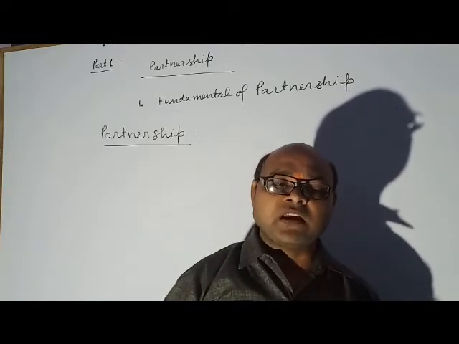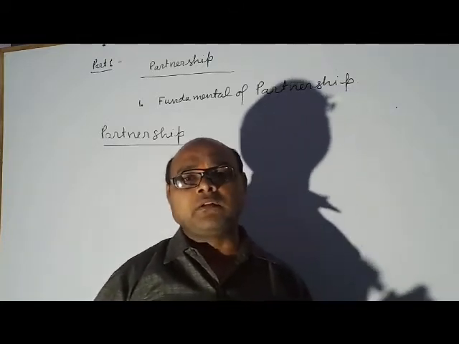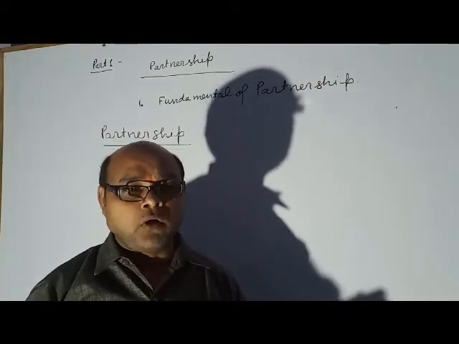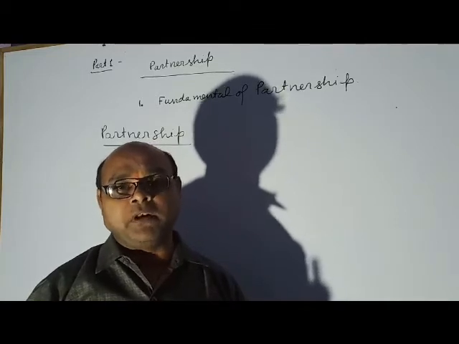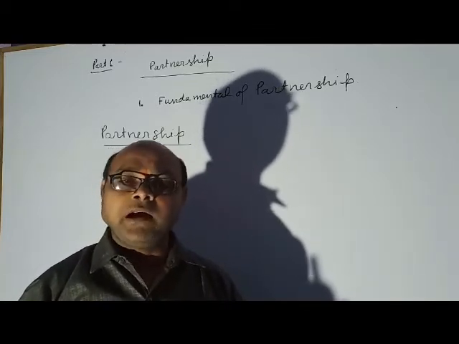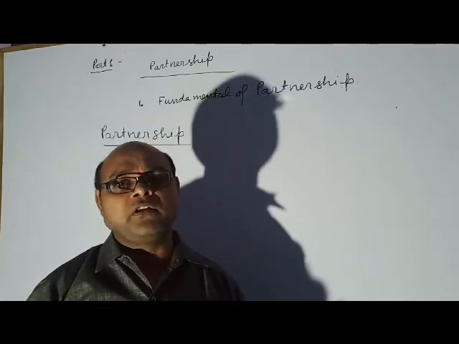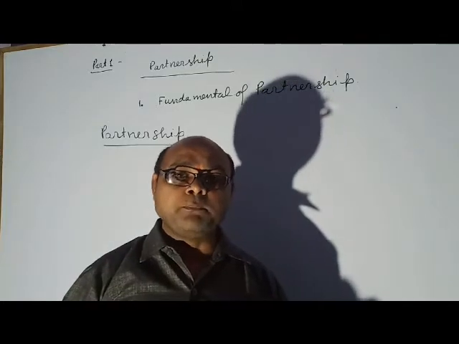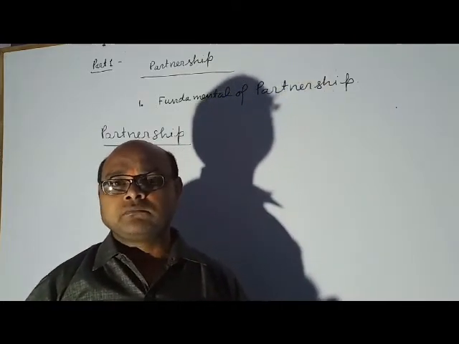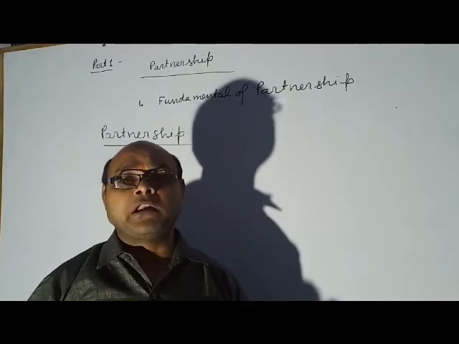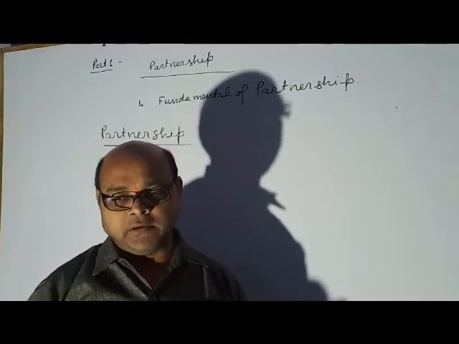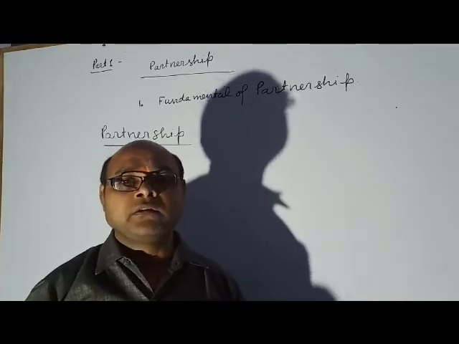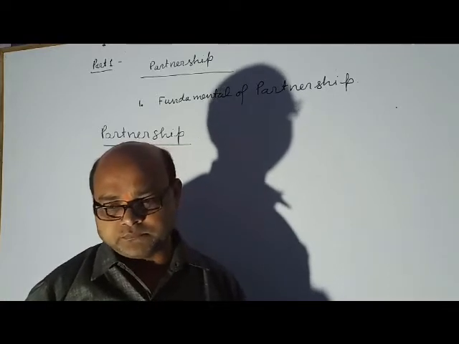The signature of A on that deed or agreement is like a principal, and for B and C his signature is performing as an agent, because B and C, who are not present at that place, will also be responsible for this agreement. So to check the agency is compulsory in the partnership.